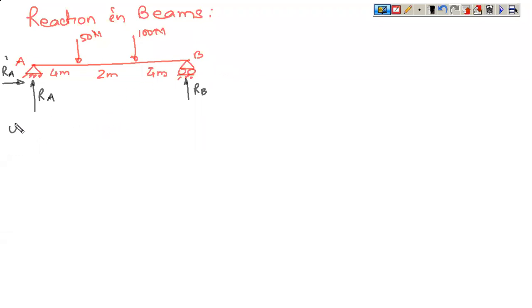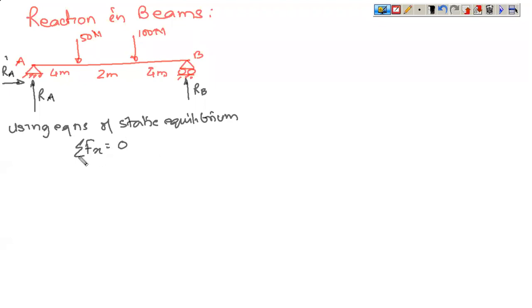So using equations of static equilibrium, what do you have? The first equation of static equilibrium is sum of all forces in x direction is 0. This we have derived using the parallelogram law of forces.